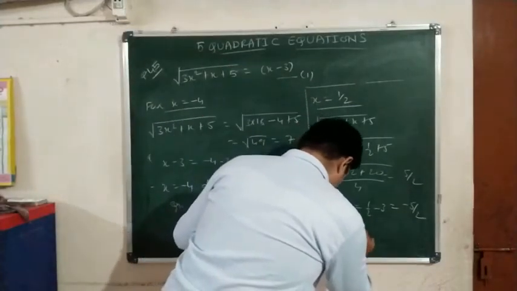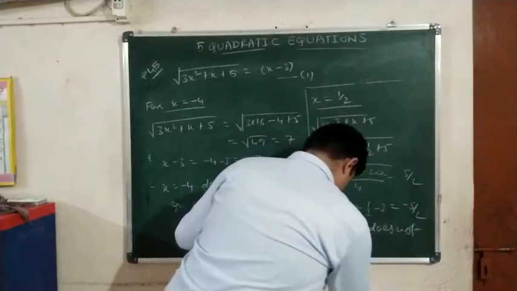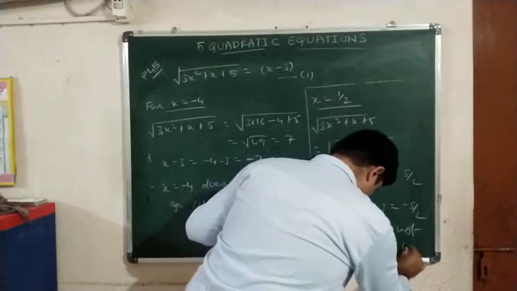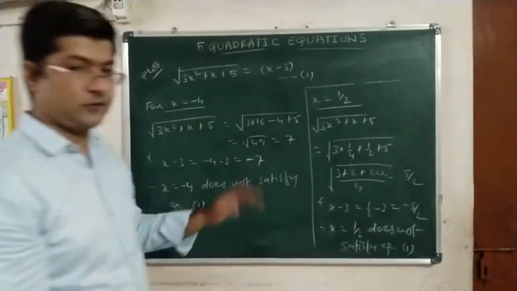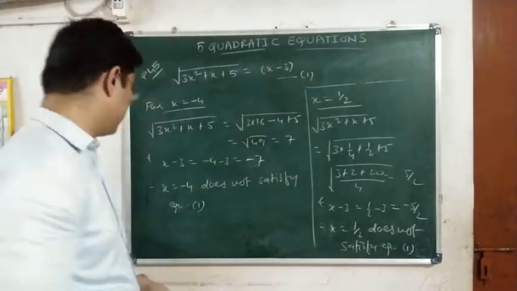Therefore x is equal to 1 by 2 does not satisfy equation 1. So none of the two values satisfies, and therefore what will be the solution set? An empty set.